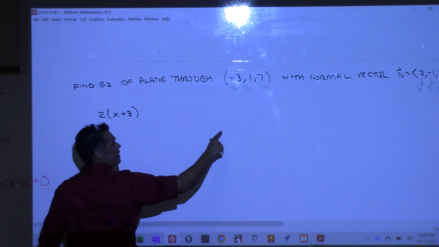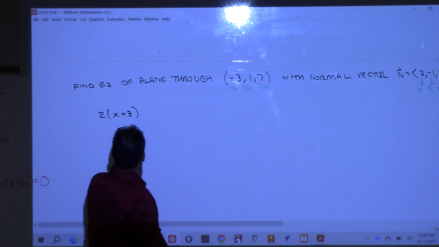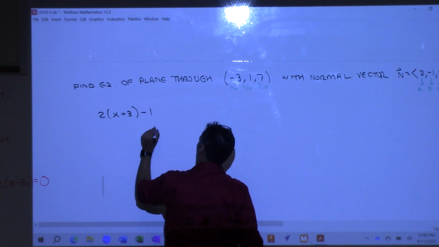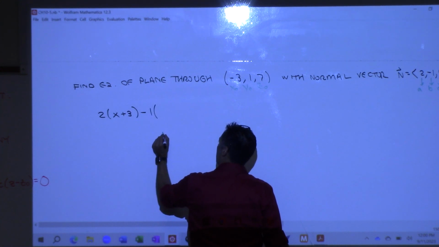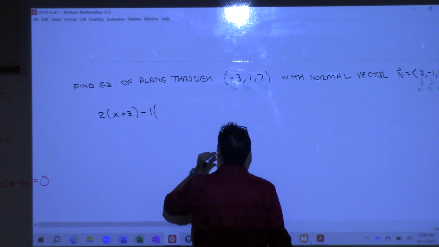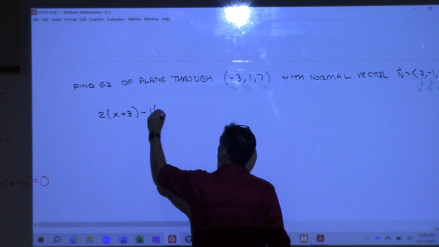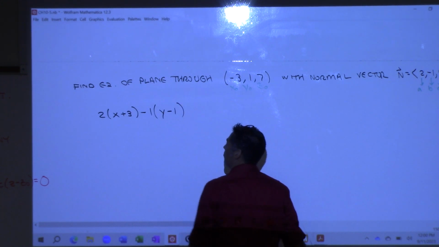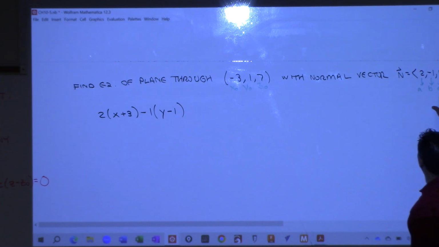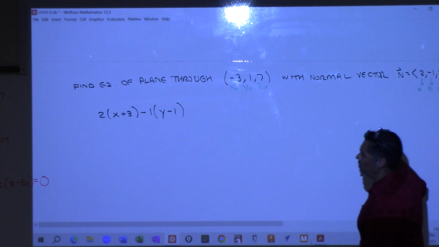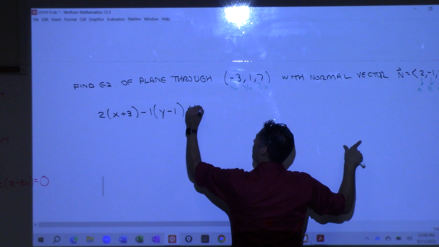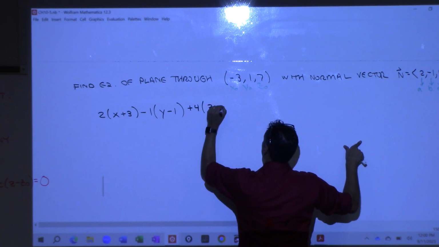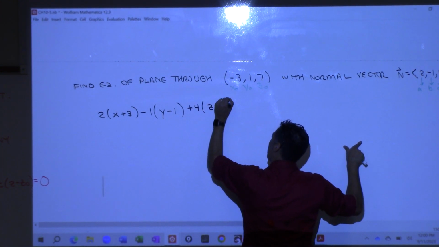plus B. What's B for us? -1, so I'm going to put minus, I don't need the 1, but I'll put it there. And then what goes in this parentheses? Y minus 1, right? And then C, which is 4, so plus 4. And then Z minus 7, right?